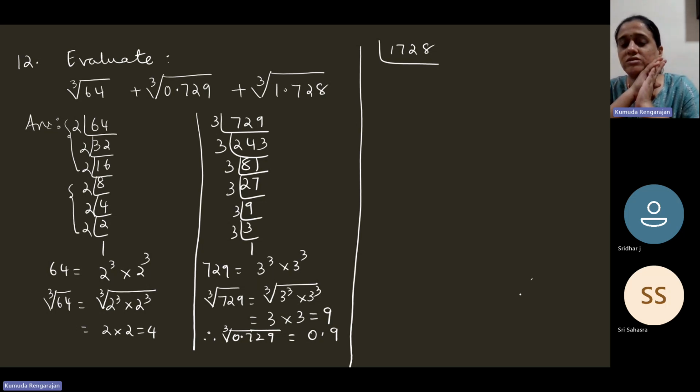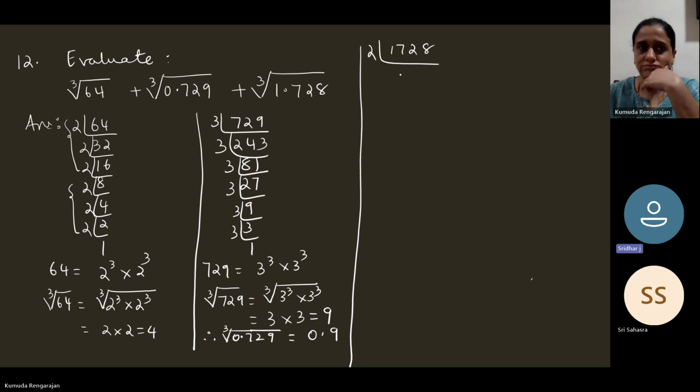What's the answer, Srijit? Ma'am, help me with this division. 2 how many times? Ma'am, I put 3. You've taken 3, is it? Okay, even I'll take 3.